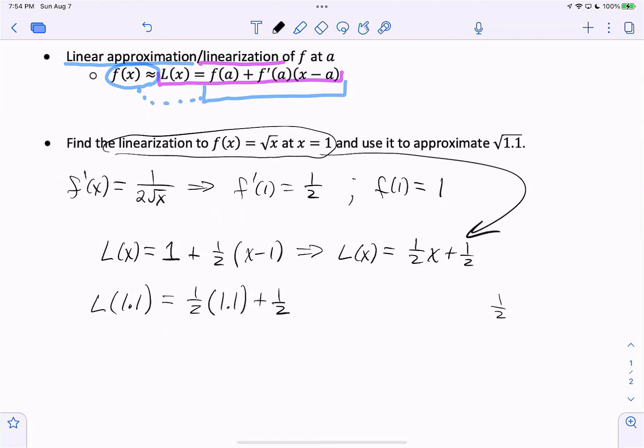Well, you know that 1/2 of 11 is 5.5. So 1/2 of 1.1 is going to be 0.55. So 0.55 plus 0.5, there I get 1.05. And our statement is that that is approximately the square root of 1.1.